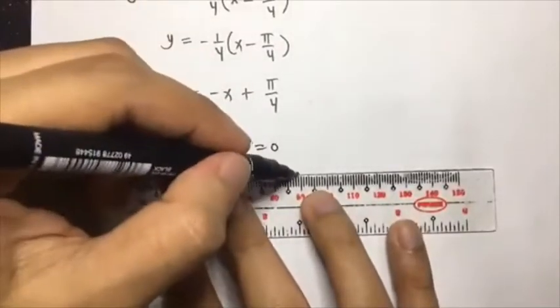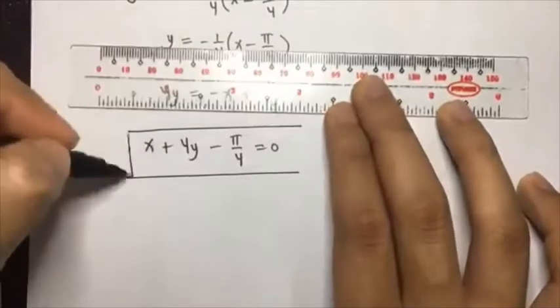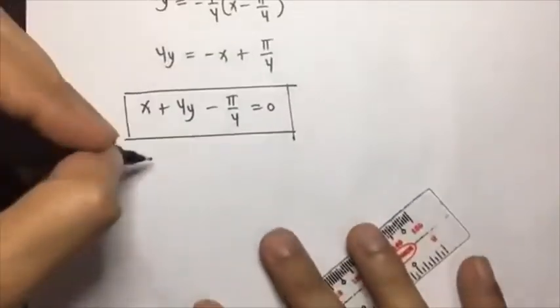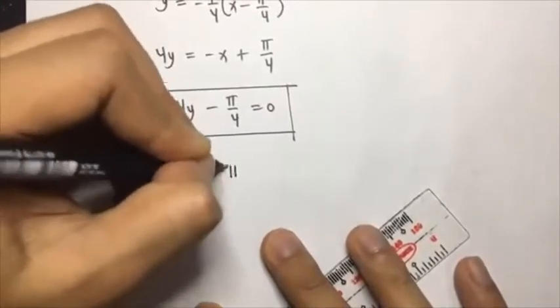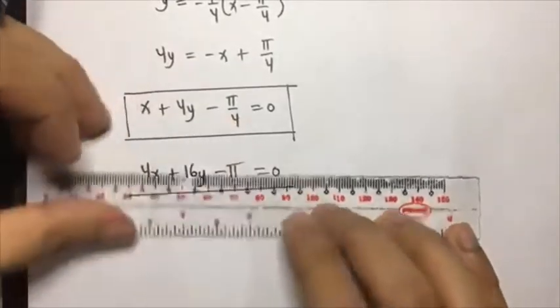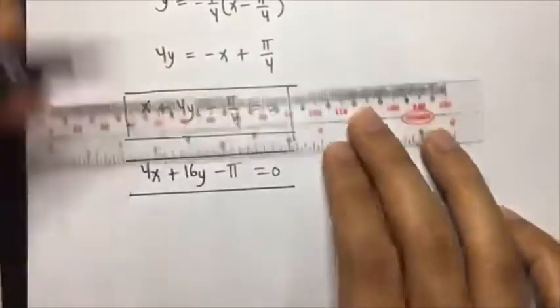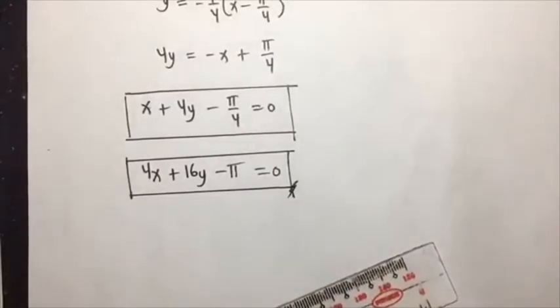Or if you don't want any denominator, you can multiply both sides of the equation by 4, so that you will get 4x plus 16y minus pi is equal to 0. Okay, so that is still the same line. That is the normal line.